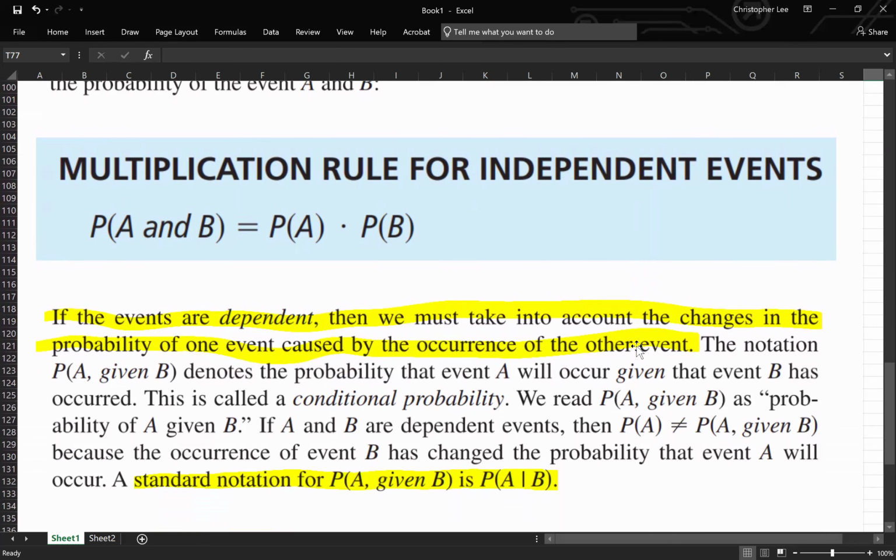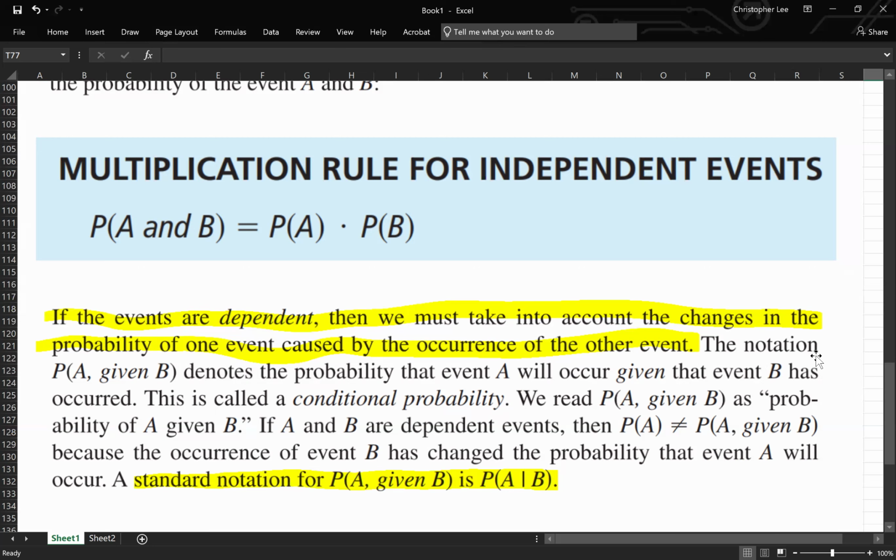If the events are dependent, then we must take into account the changes in the probability of one event caused by the occurrence of the other. The notation P(A|B) denotes the probability that event A will occur given that event B has occurred. This is called a conditional probability.